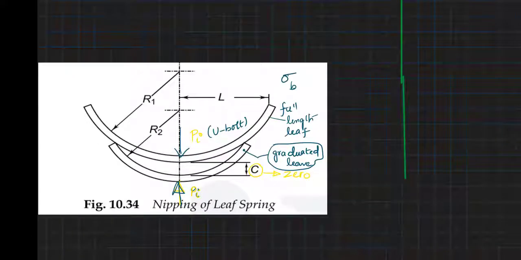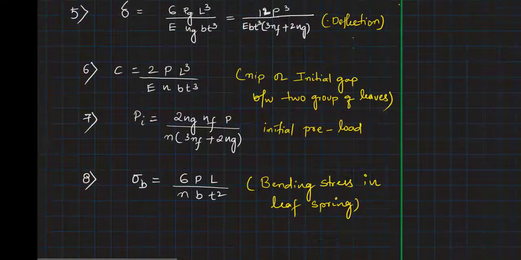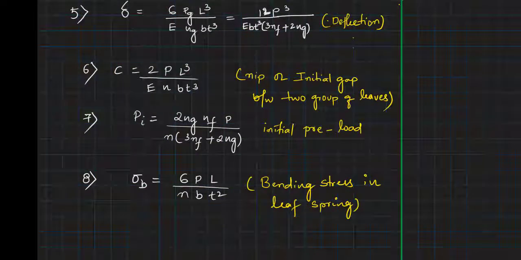Now this particular gap we need to calculate. Why? Because we should know how much gap there should be so that the required amount of pre-stresses can be developed in graduated leaves. So this gap C can be calculated by using this particular formula.